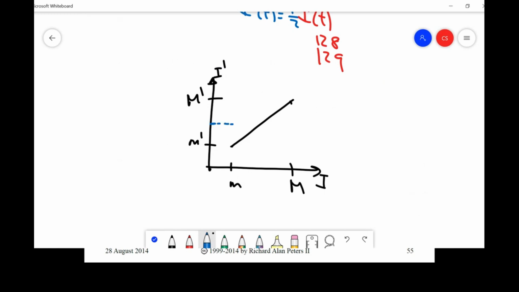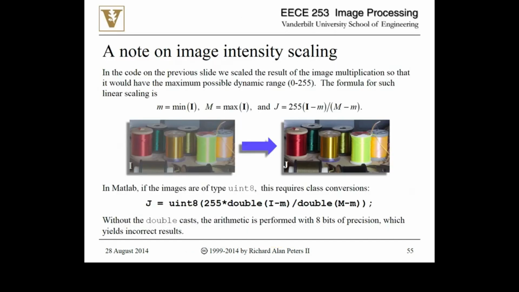What I have to do is to go to here and then go to there, and I have I. So if you give me some I prime, I automatically can compute I. So in the real numbers, I have not lost information.